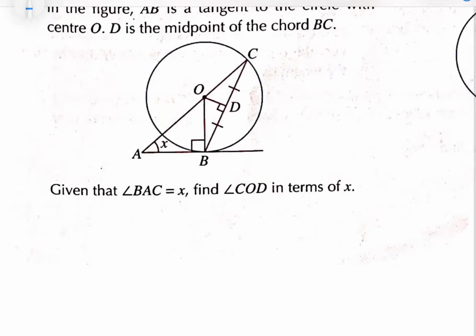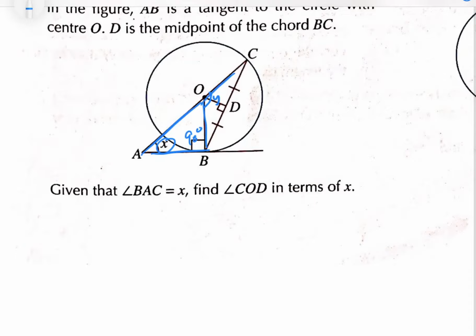We know that we have a right triangle here. This angle x and this 90 degrees are the remote interior angles of this exterior angle y.